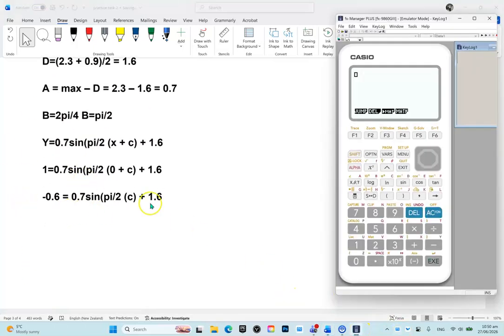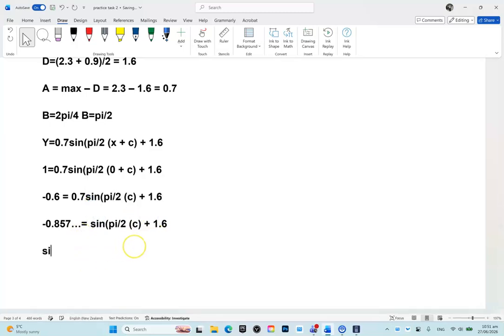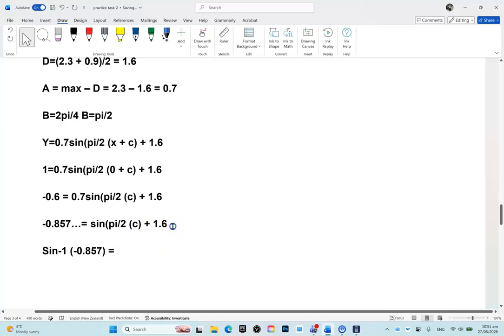So we go into our calculator and we go negative 0.6 divided by 0.7. We're going to get negative 0.857, so negative 0.857 dot dot dot equals this bit here. Now we're going to take the inverse of sine, so sine inverse of that equals pi over 2 c plus, that's supposed to be gone, sorry.